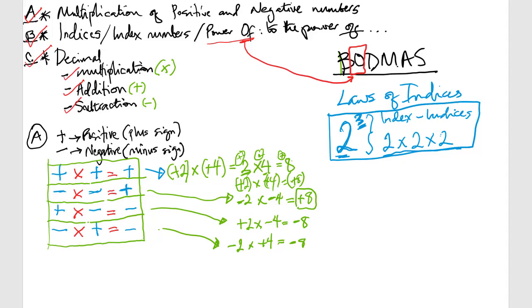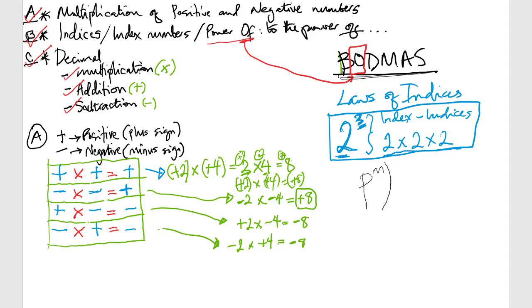So let's go to one of the laws of indices. It's not arranged in any particular order, but I would like to arrange it according to BODMAS, starting with the one that has brackets. So if you have a number like, let's say P represents a number, then M is the power, that's the index.